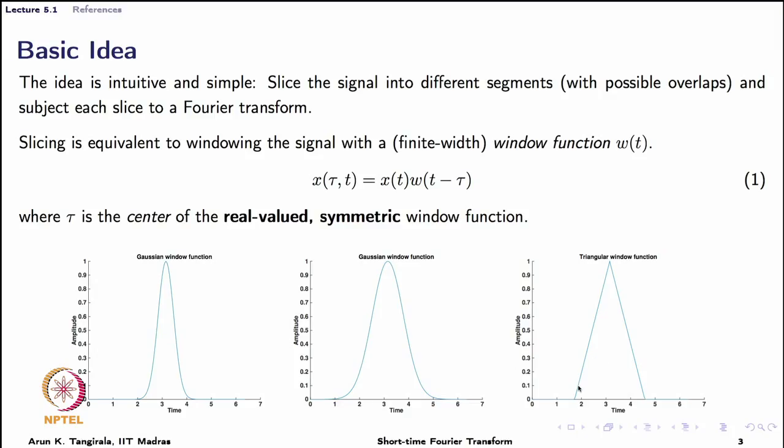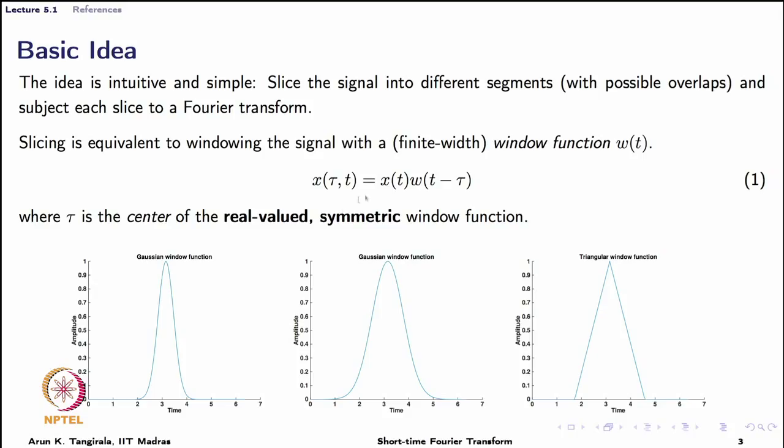The sharp or abrupt beginning and end introduces some kind of artificial discontinuity. So, you want to be kind to the signal at the beginning and the end, right. We will talk more about this when we talk about window functions. One of the key requirements of this window function is that it should be real valued and symmetric. Why symmetricity and so on, we will talk about later on, but we want it to be symmetric.